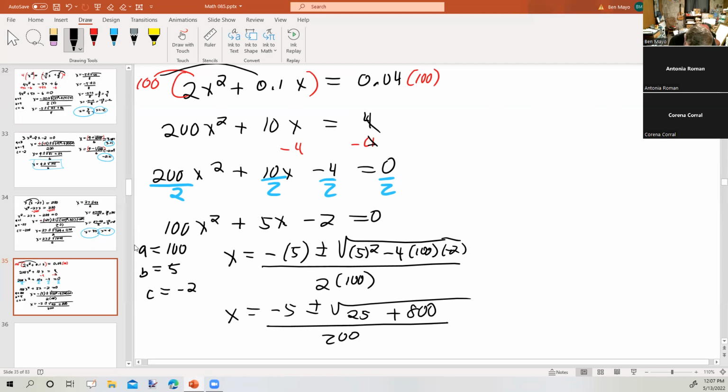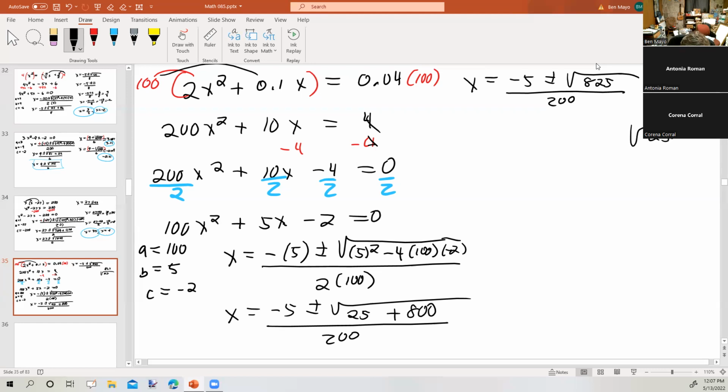So let's see here. We've got x equals -5 plus or minus the square root of 825 all over 200. Well, let's see if 825 is a perfect square. I don't think it is, but let's find out. So the square root of 825, no, it's not. So let's see, what can I do? Well, 825, you could take a 25 out. 825 divided by 25 is 33.